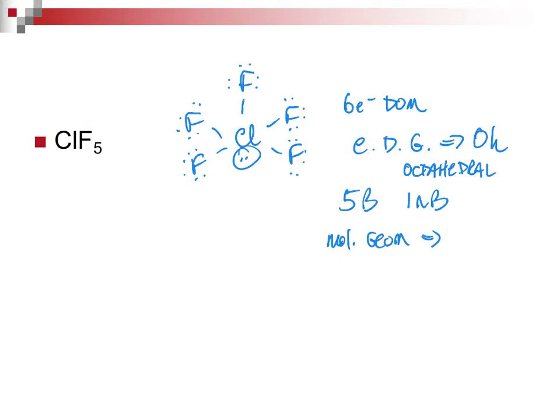Let's see, what is its name going to be for ClF5? I have to think about it for a second. It is going to be square pyramidal. Now, if I'm the teacher and I have to think for a second, I think you might also. As I look at that lone electron pair, there's nothing to cancel it out. So this is going to be a polar molecule. All right, so here we have the lone pair. Nothing cancels out. It makes it polar.